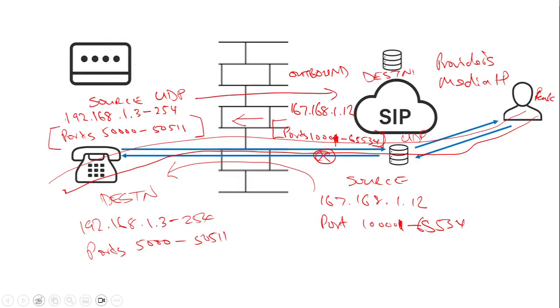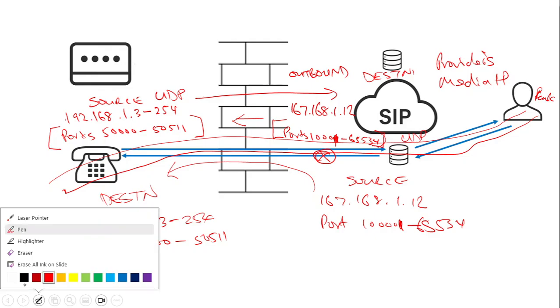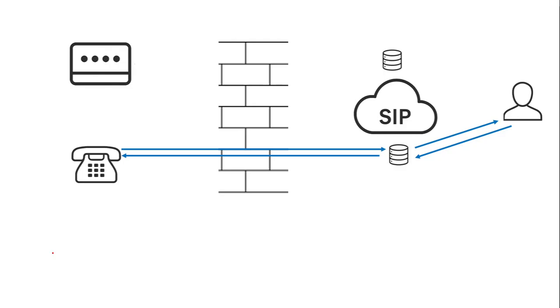Okay, moving on. So number one, we should be able to port forward the microcontroller on port 5060 to the service provider port 5060 also.